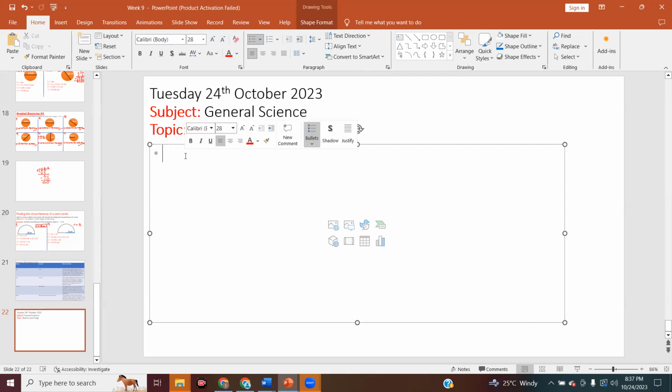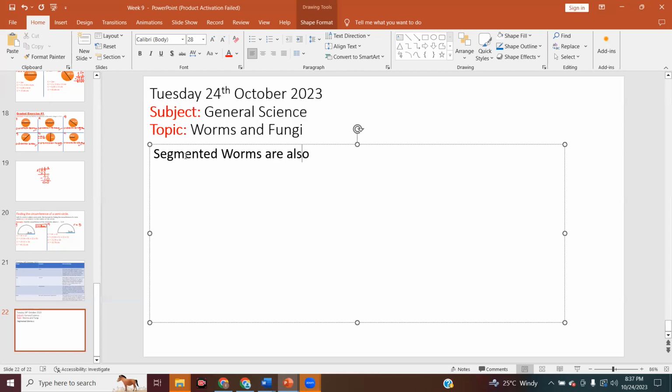The first type of worms that we're going to look at would be worms that are segmented. Segmented worms are also known as annelids. That's another word for segmented worms, annelids.